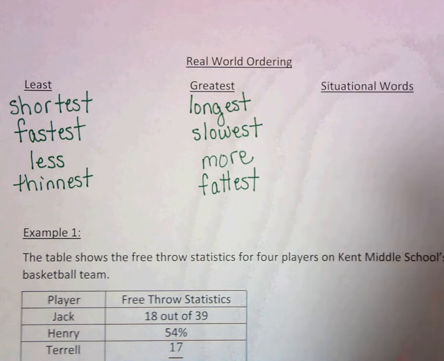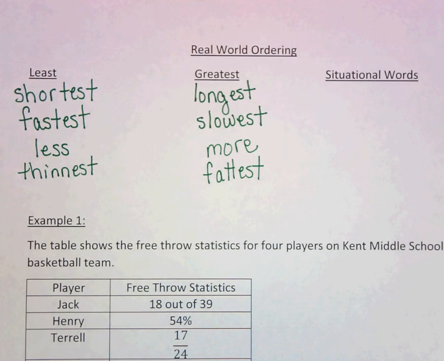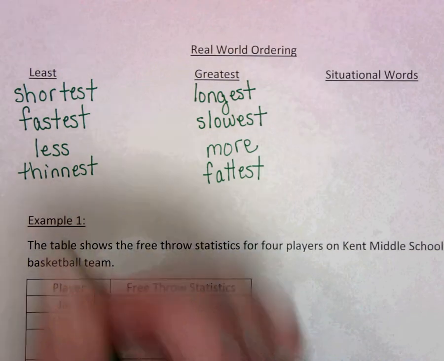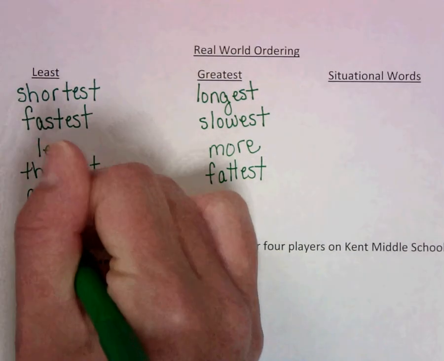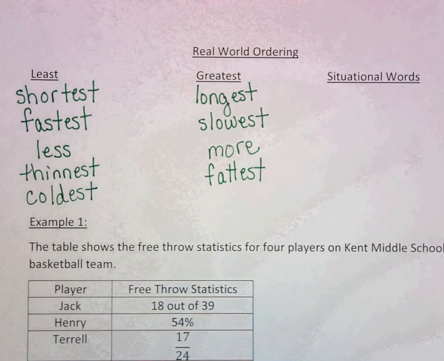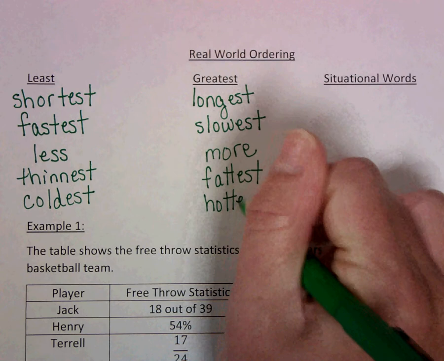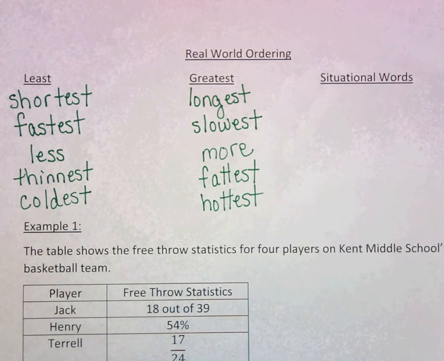I'm not sure if that's proper English there. If we're talking about temperatures, the smaller the number, the colder it is, right? So this would be coldest for the smallest number. And then obviously the higher the number, the hotter, the hottest, the most hot.